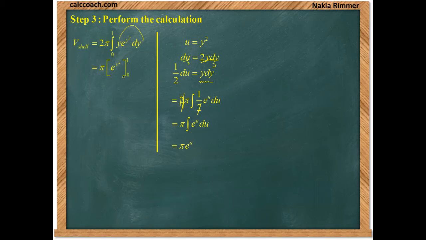Anyway, we go back into y's with 0 and 1. E to the y squared is the antiderivative, e to the u that is, and there's a pi out here. The 2 went away because of the half, so we put a 1 in and we put a 0 in, and e to the 0 is 1, so our answer is going to be e minus 1, that quantity times pi.